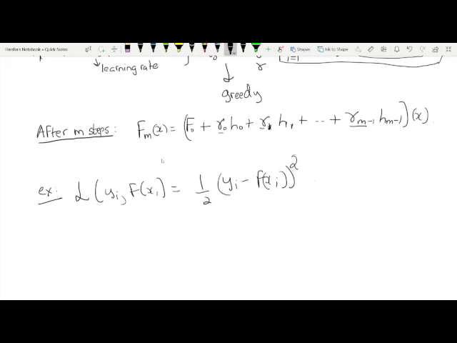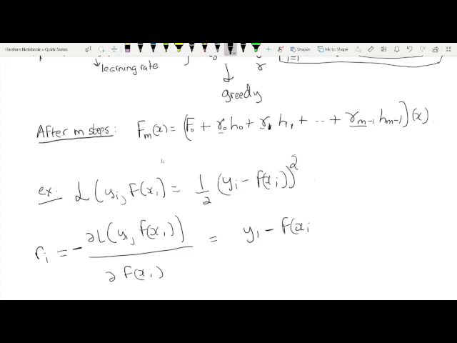So if you remember what a pseudo residual is, it's minus del L(yi, f(xi)) by del f(xi). In this case it would be yi minus f of xi, and this quantity should really be familiar to you, and it's in fact what we call a residual.